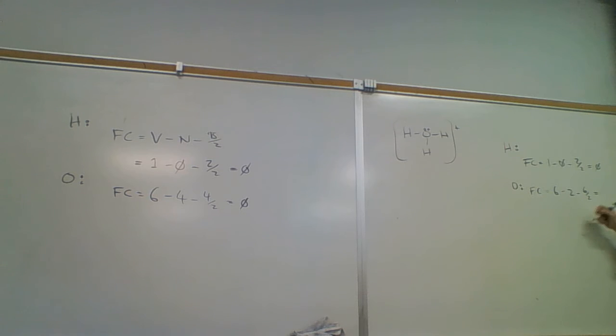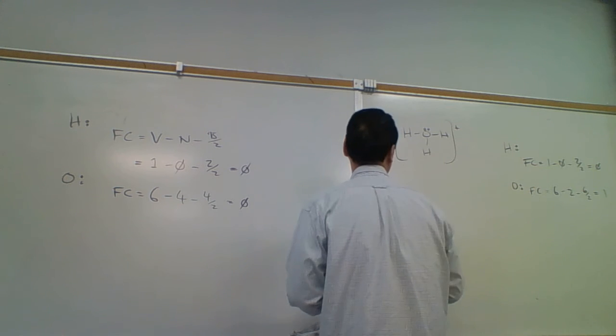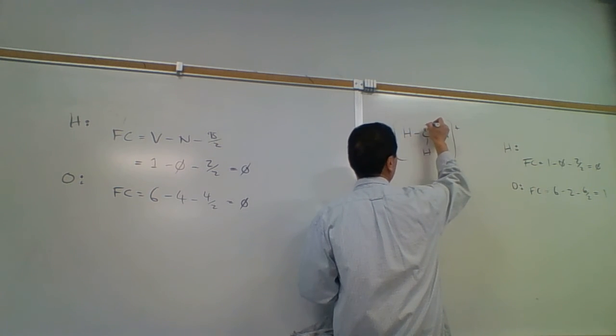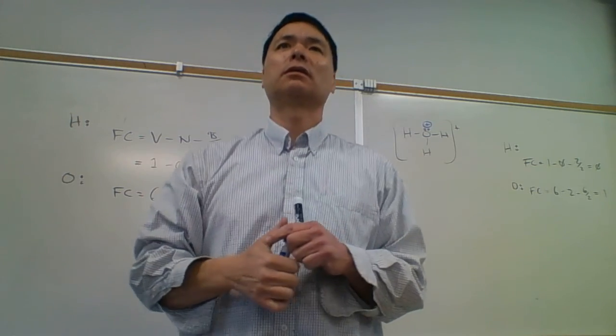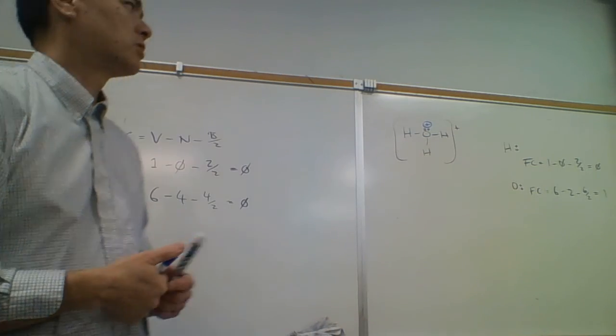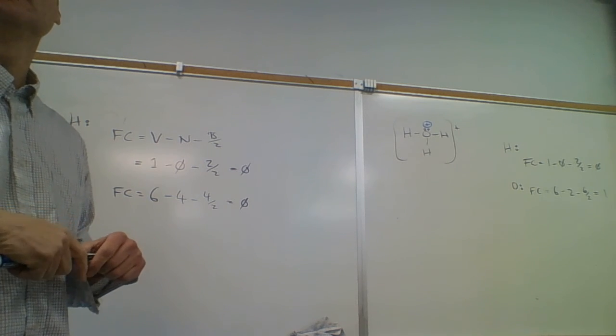So this comes out 6 minus 2 is 4, minus 3 is 1. And so that means oxygen has a formal charge. Now, formal charge we circle. Oxygen's formal charge is plus 1. We just write a plus, like that. 0 formal charges, we don't bother. See that?